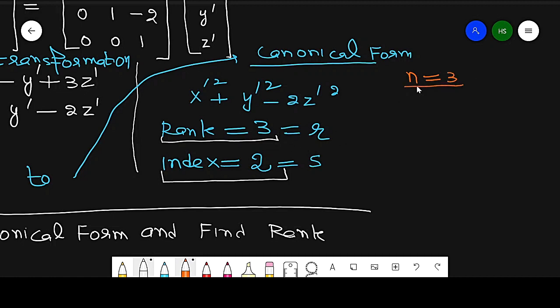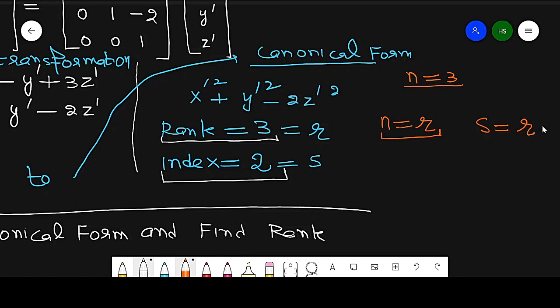Here n and R are equal, both 3. And second, the index, which is S, is equal to 2. So S is not equal to R. Check that. R is 3.